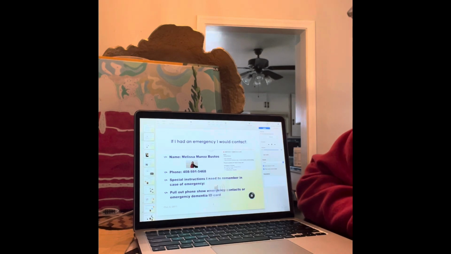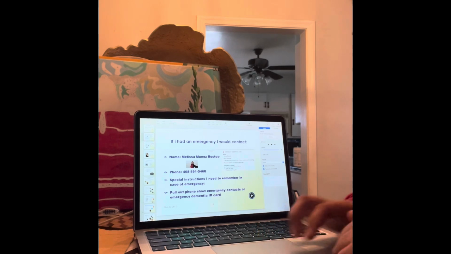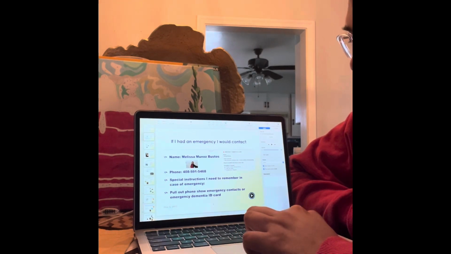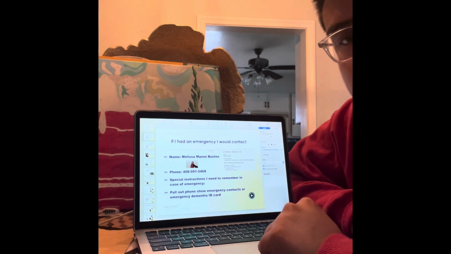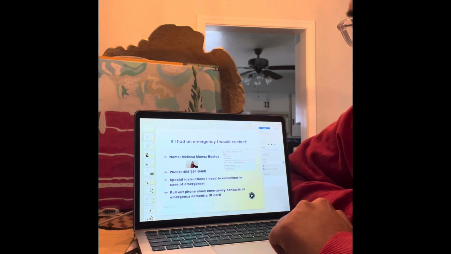In an emergency, contact my daughter, and I pull out my emergency ID card. So over here is my daughter Melissa with emergency contact information for her phone number right here.